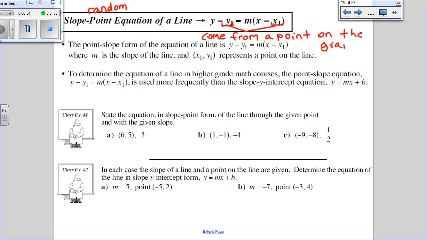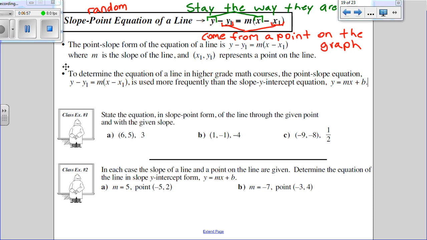The other 2 x's and y's, this guy and this guy, they stay the same. They stay the way they are.